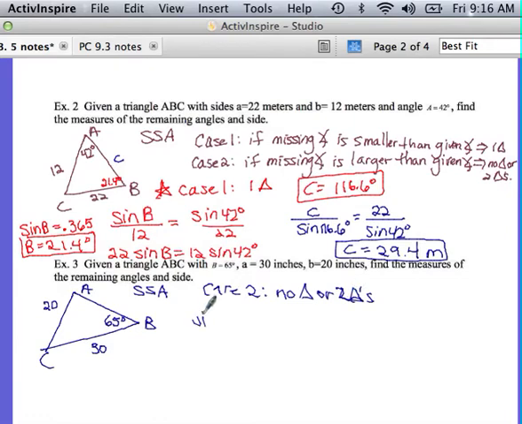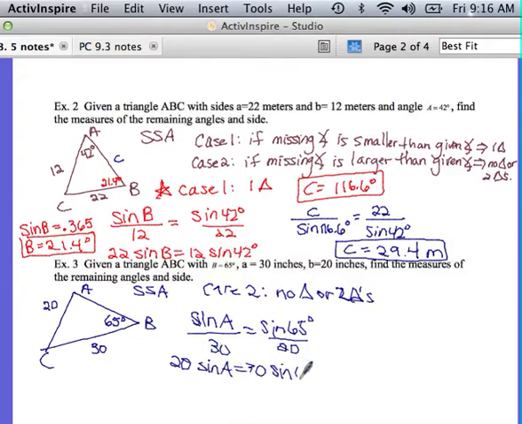I'm going to do the sine of angle A over 30 equals the sine of 65 degrees over 20. So I'm going to take 30 times the sine 65 divided by 20.